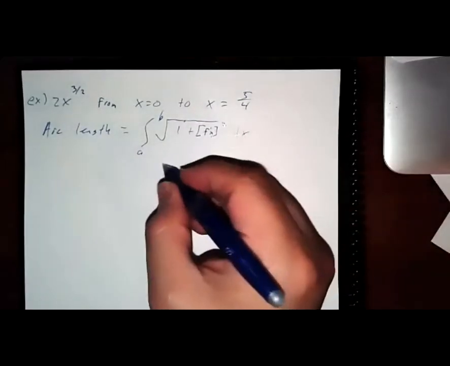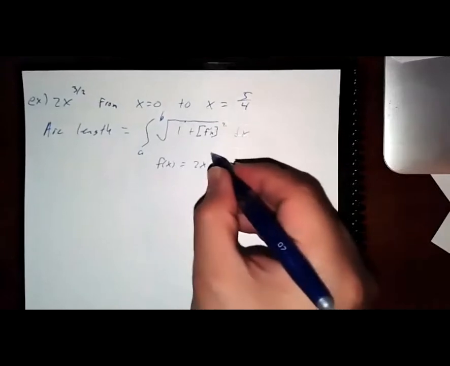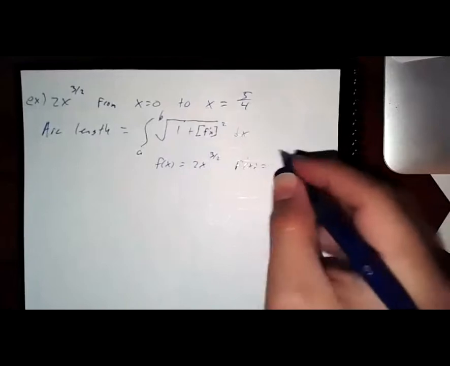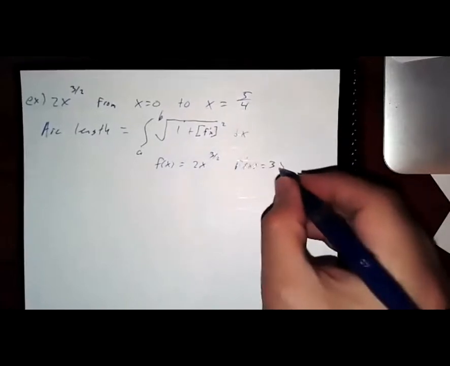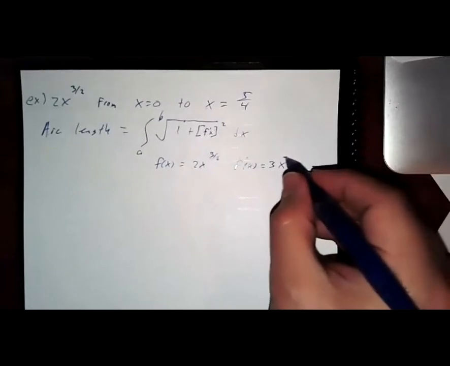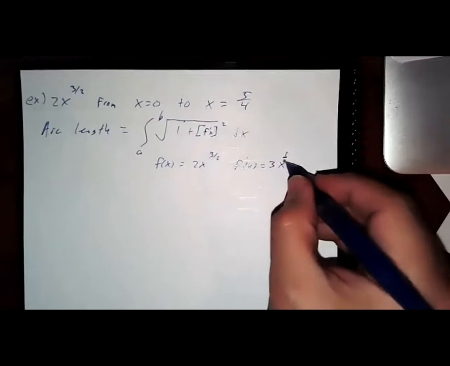So the derivative, so if f is this, f prime is 3x to the, no, actually positive 1/2.